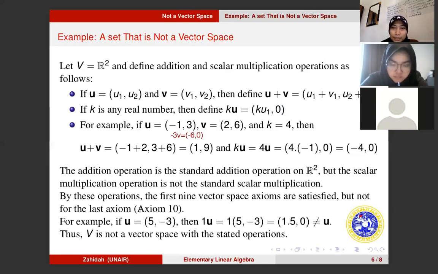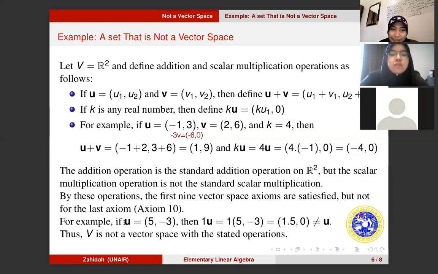If you take a look at this, k times u, the second component always gets 0. So we need to find a counterexample here. The purpose of the counterexample is to show that the last axiom fails to hold.